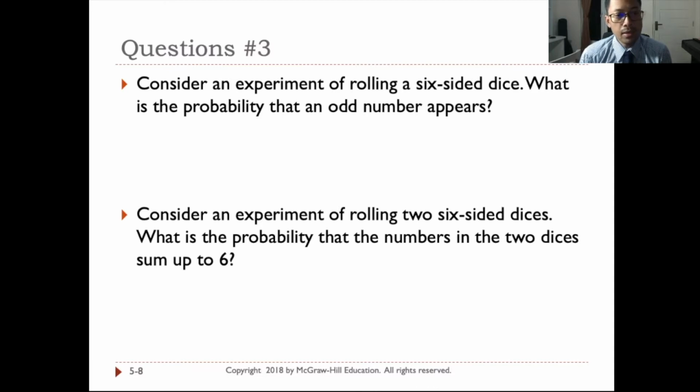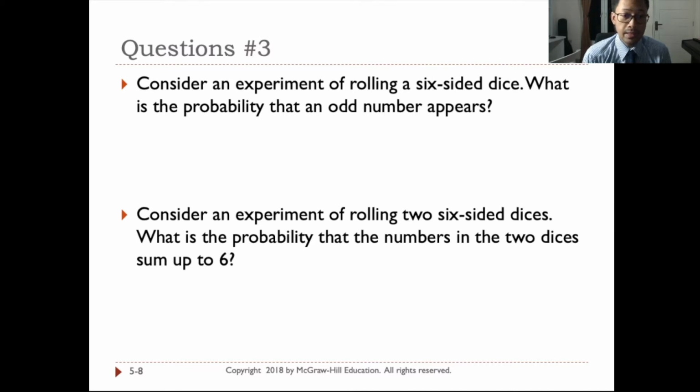Another example, consider an experiment of rolling two 6-sided dice. What's the probability that the numbers on the 2 dice sum up to 6? In this case, the possible outcomes are a bit more complex, since you have 2 six-sided dice. So the total number of possible outcomes is 6 to the power of 2, or 36.